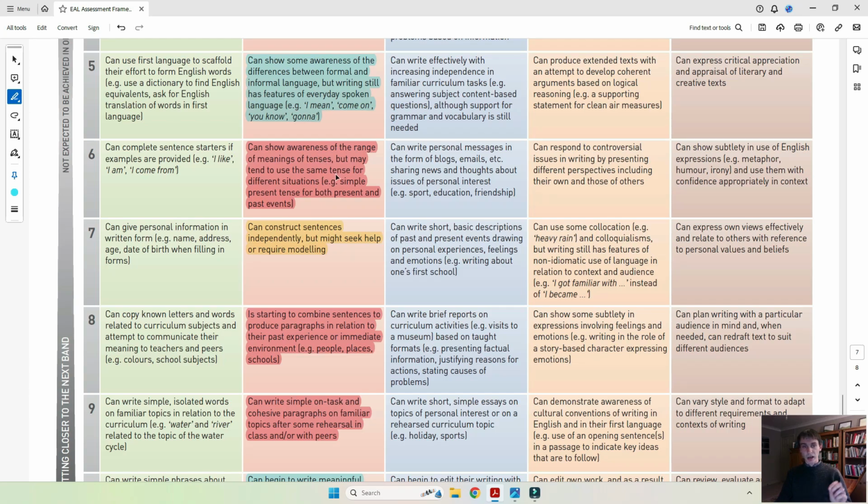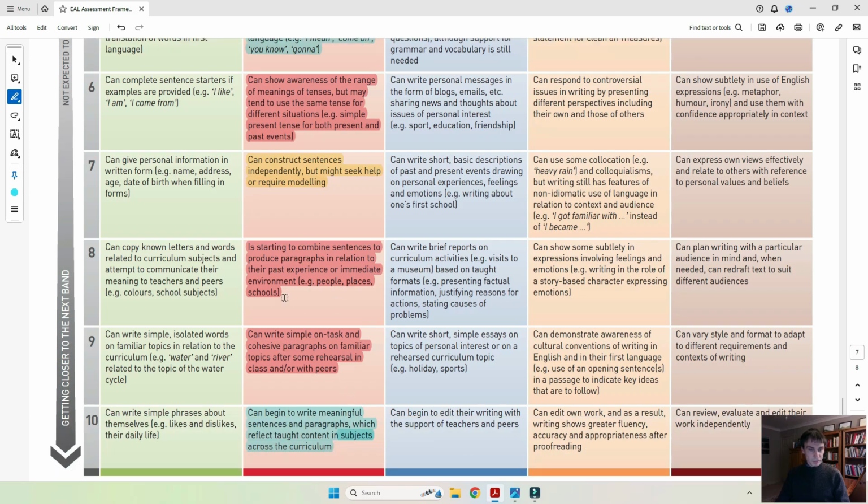So show awareness of a range of meanings of tenses, but may use the same tense. And then 8 and 9 are in fact about producing paragraphs, cohesive paragraphs in 9, and combining sentences to produce paragraphs.